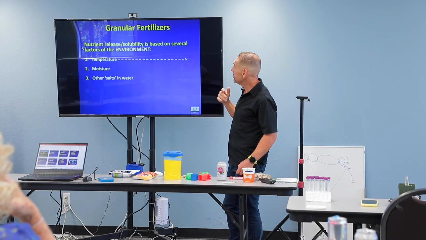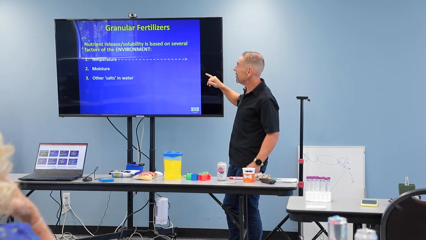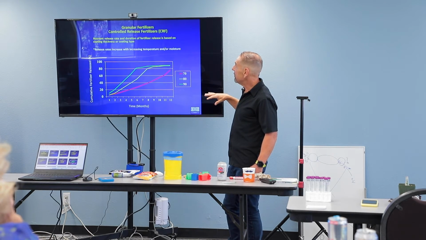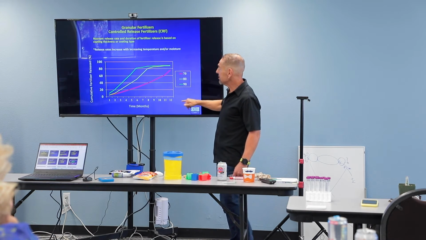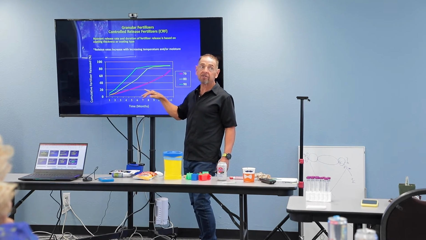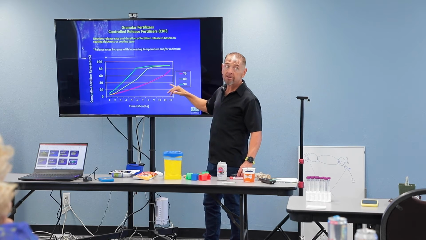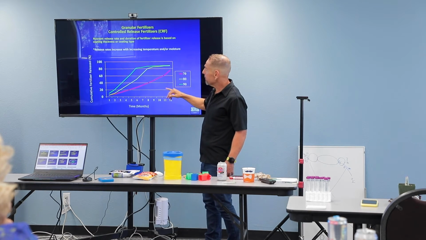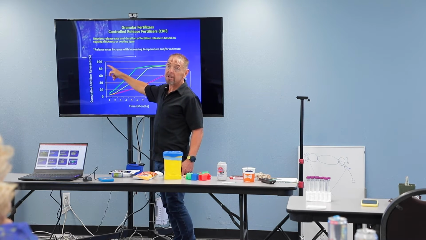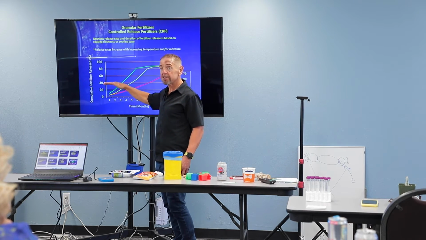With granular fertilizers, nutrient release is based on temperature. This graph is an example of a long-term, 365-day, polymer-coated controlled release fertilizer. The y-axis goes from 0 to 100 and represents the cumulative release.